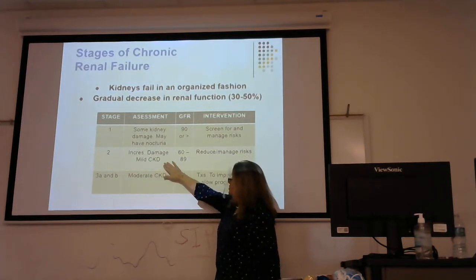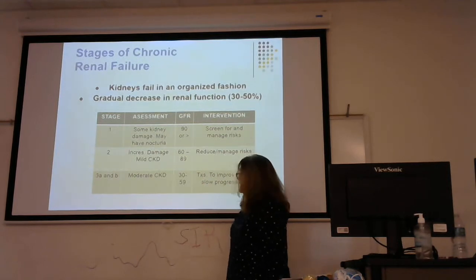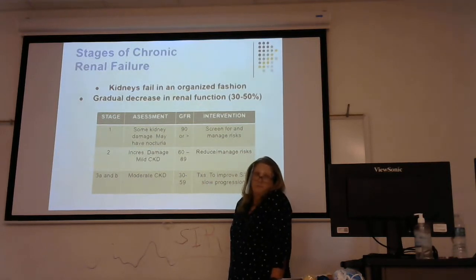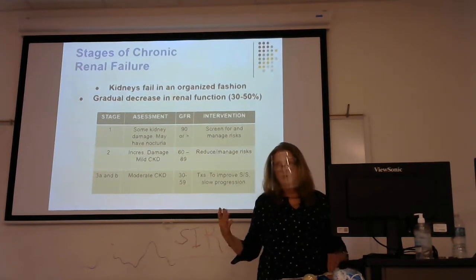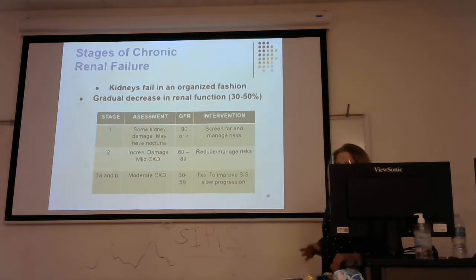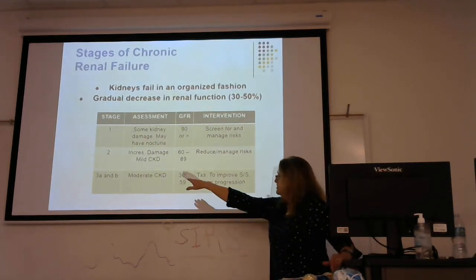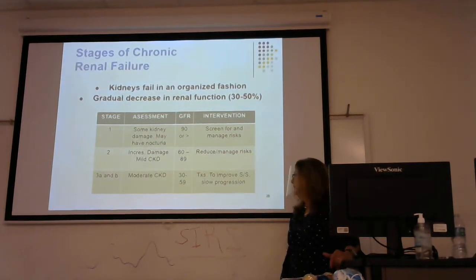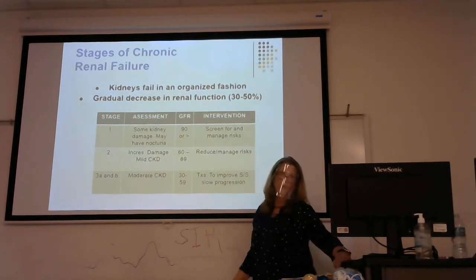In stage 2, my GFR is going to start dropping. I'm still not seeing anything. I may have gotten put on antihypertensive because my blood pressure started going up some, but I'm not really seeing any big problems with it. Stage 3, they've divided into A and B, but it's just going from that 60 on down to 30.